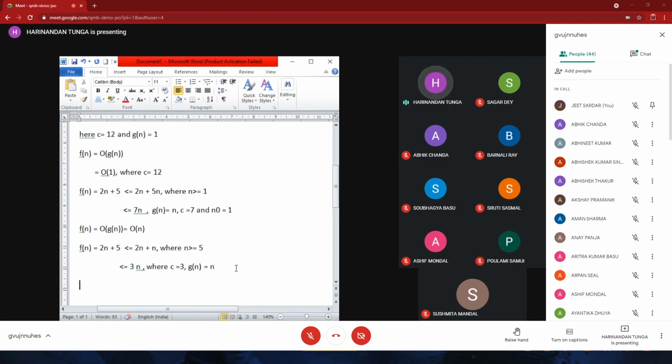And what is the minimum problem size? n0. Now n0 equal to, in this case, n0 equal to 5. বলে দিয়েছি দেখেন, where c equal to 3, gn equal to n and n0 equal to 5. Then we can express fn equal to this one.